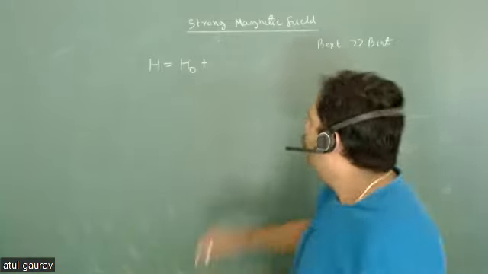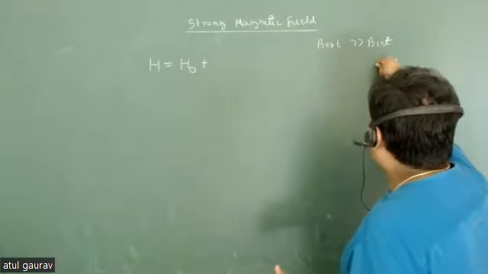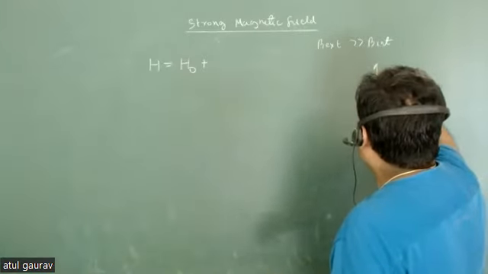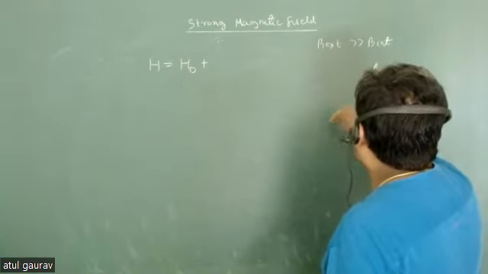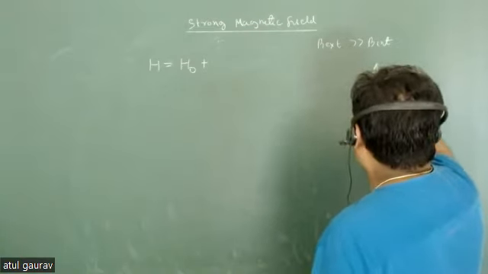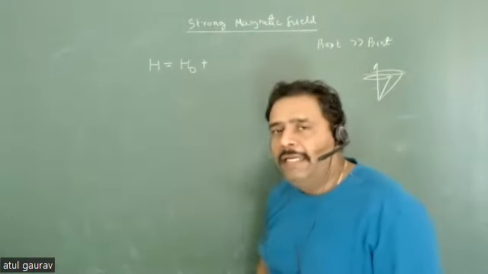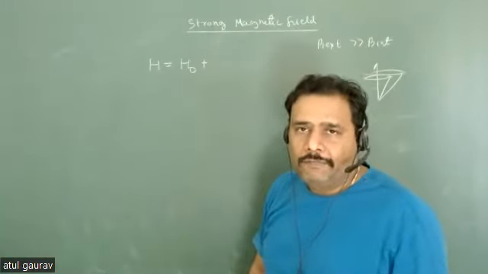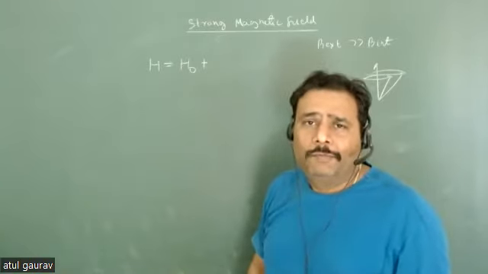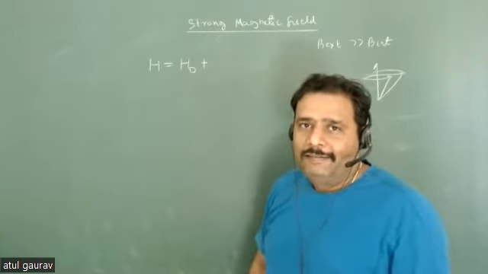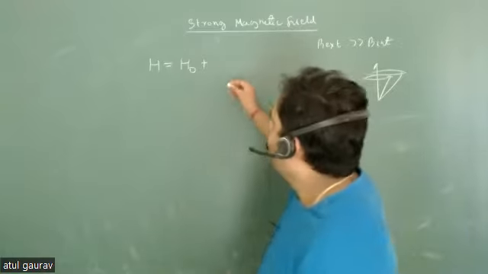Yes. Because when your L and S precess about B, then there is not any role of the J quantum number. Then L and S are good quantum numbers, isn't it? So what will be your H Zeeman?